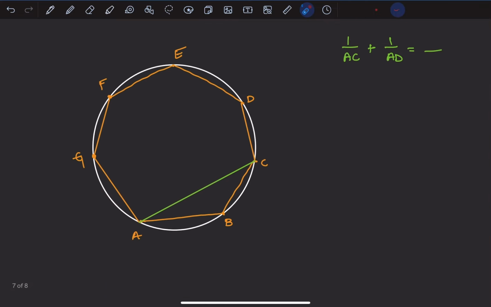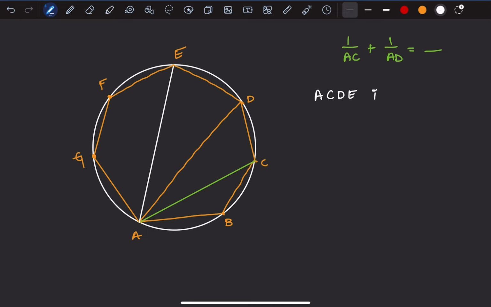So here you have a regular polygon, and AC is one diagonal, AD is another diagonal. Now let us join AE also. So now ACDE is a cyclic quadrilateral because all the vertices lie on a circle.